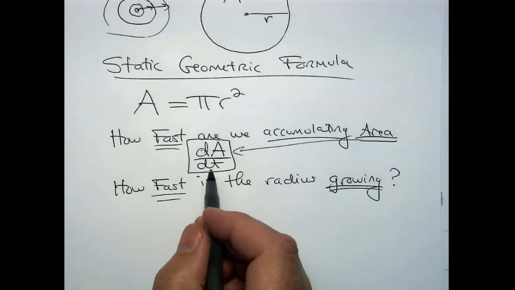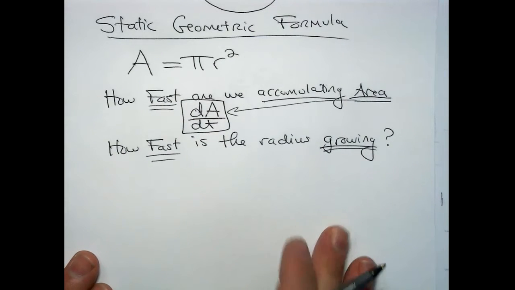When we talk about rates of change, they are generally with respect to time, because time gives us that notion of speed, and we have speeds in the x and y direction. We have speeds of areas growing and speeds of radii growing and all sorts of different speeds. In this case, this is the speed at which area is growing.